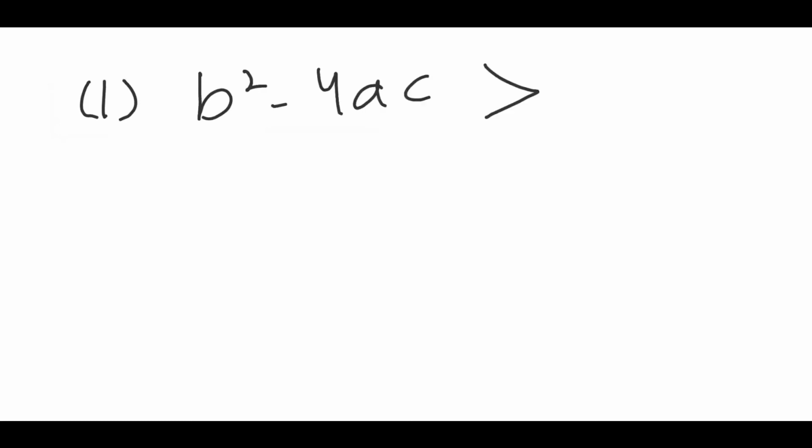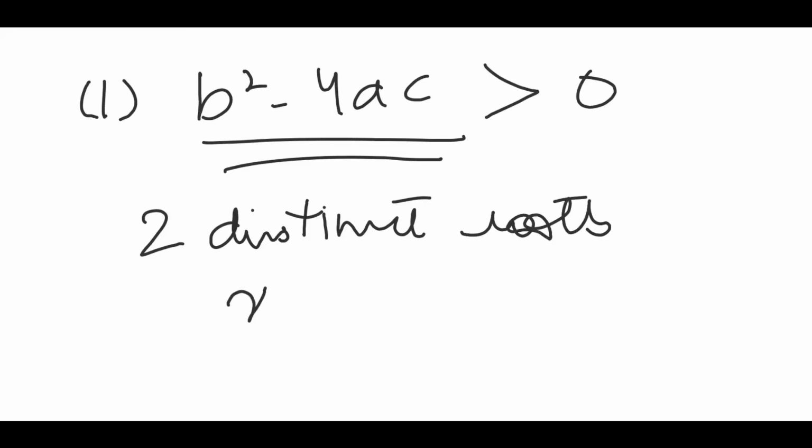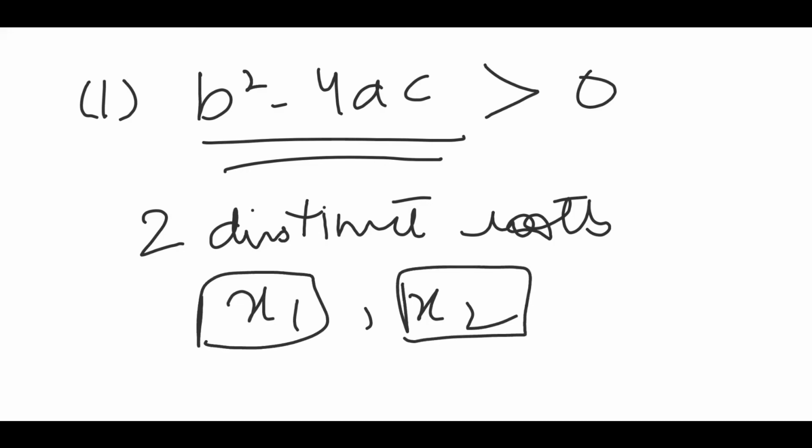So the first thing is, what if the discriminant, that is b squared minus 4ac, is greater than 0? If this gives us a value greater than 0, it represents that it has two distinct roots. Two distinct roots means x1 and x2 have two different values.